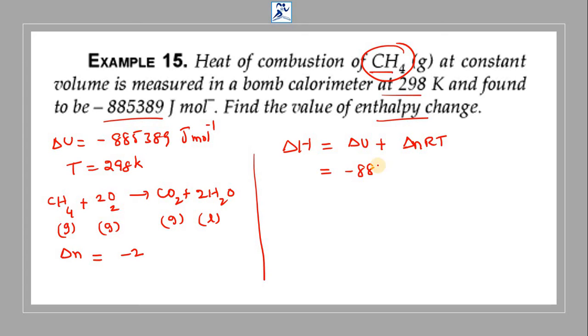minus 885389 joules, minus 2 into R value 8.314 into temperature 298, and this simplification answer we will be getting 4955.1, which will be added to this 885389.